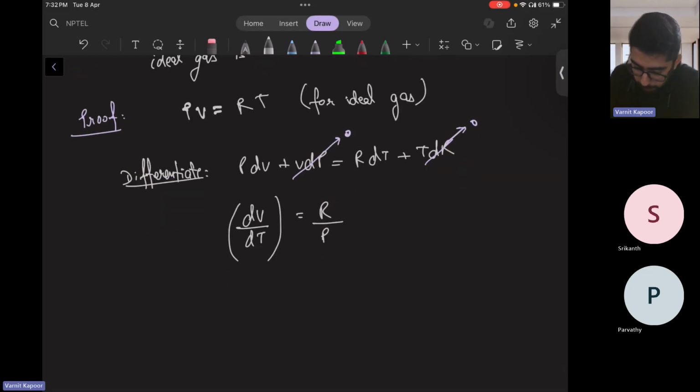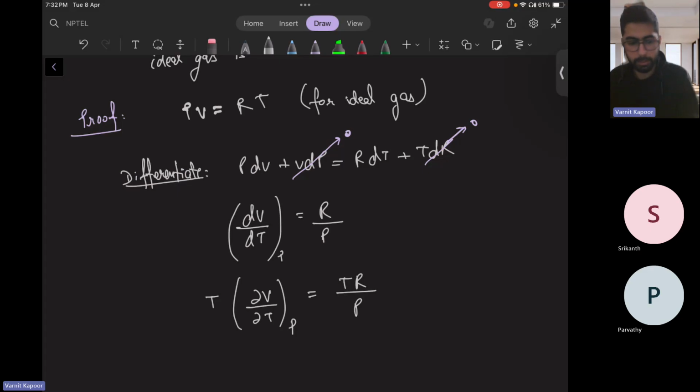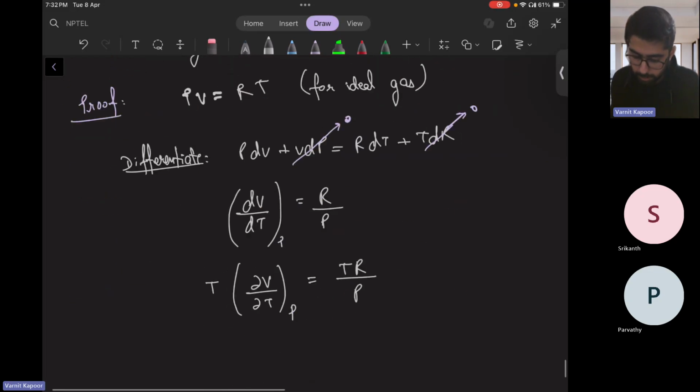So from here, if you multiply both sides with T, dou V by dou T at constant pressure is T times R by P. dV by dt you got.